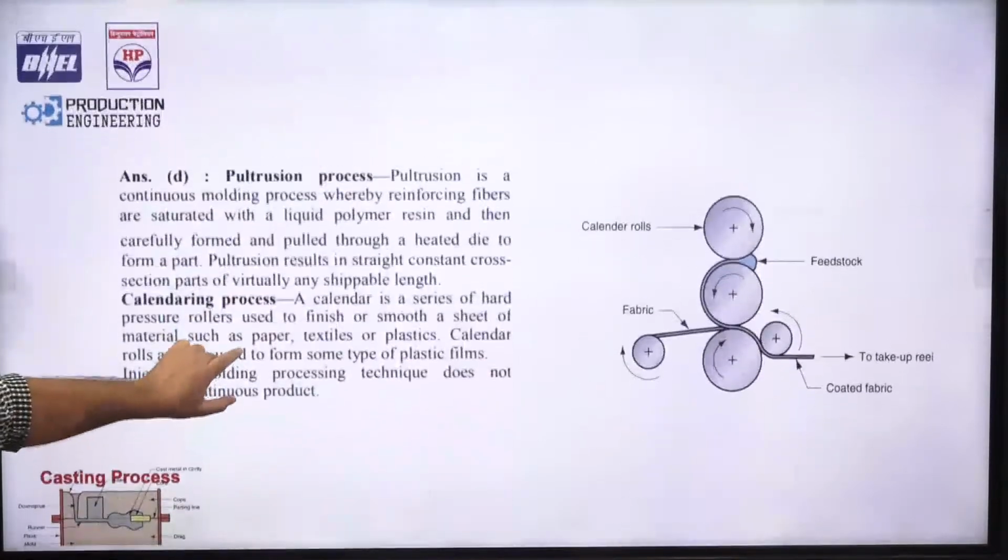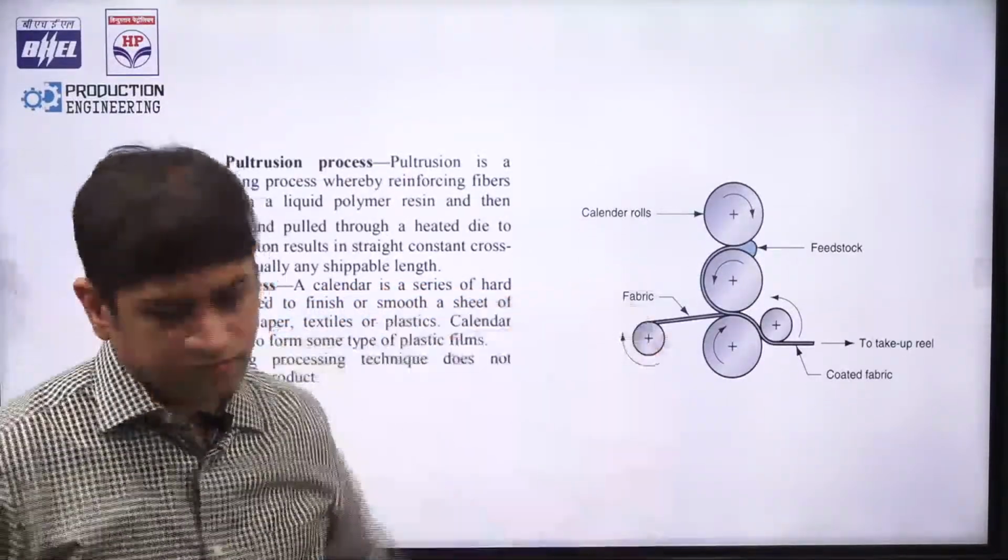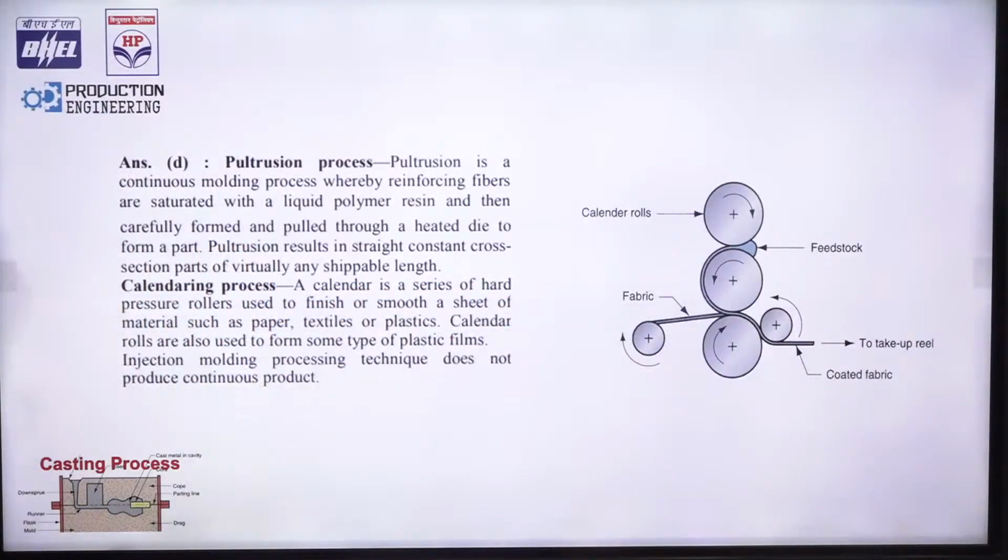So let me explain you. The two things which you have not understood are calendaring and pultrusion process. In pultrusion, a continuous molding process, reinforcing fibers are saturated with liquid polymer resin and then carefully formed and pulled through a heated die.